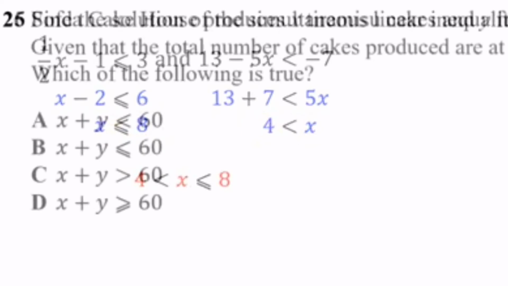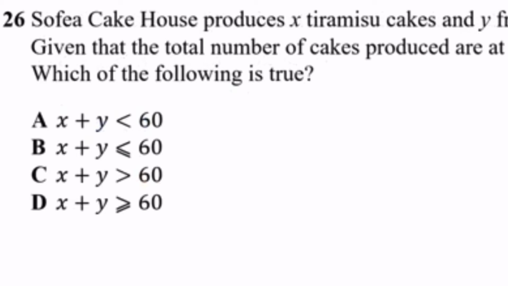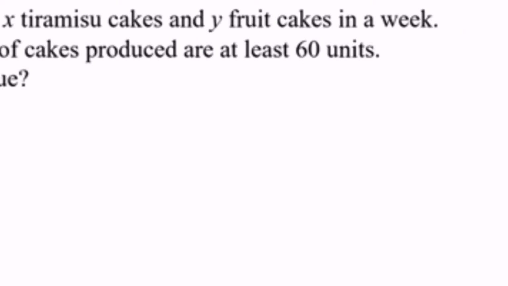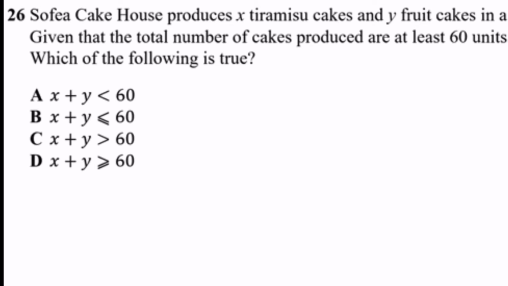Alright, so next we will solve question 26. Sophia Cake House produced X tiramisu cakes and Y fruit cakes in a week. Given that the total number of cakes produced is at least 60 units, which of the following is true?